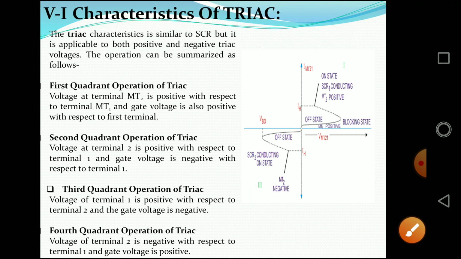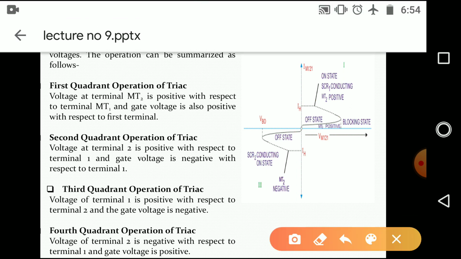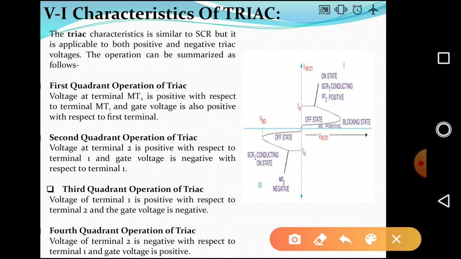So next is the third operating quadrant. In the third, the voltage at terminal 1, MT1, is positive with respect to MT2 and the gate is negative. So opposite to the first, here MT2 is negative but MT1 is positive and the gate is also negative.